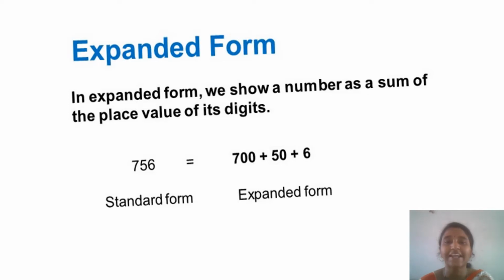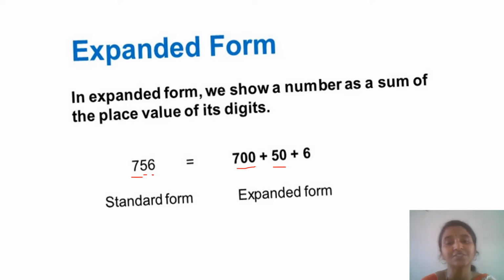Expanded form. In expanded form, we show the number as the sum of the place values of its digits. For example, if you take 756, what is the place value of 7 in this number? It is 700, right? So we will write 700, and the place value of 5 in 756 is 50, so we write 50. And what is the place value of 6?